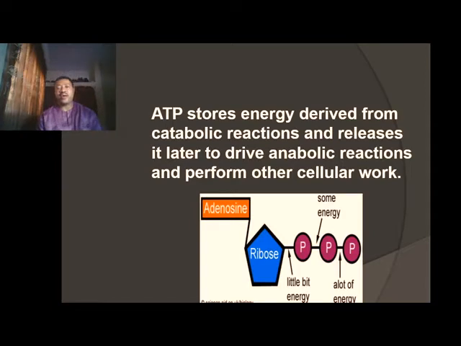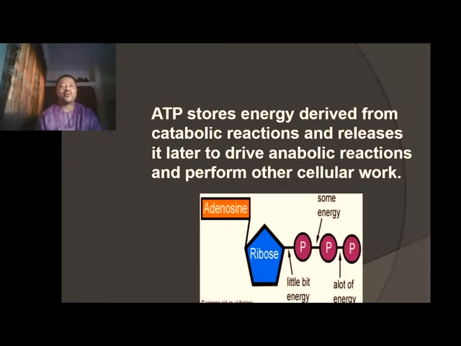If I am to explain a little bit further, the energy that is released during catabolic reactions is not lost. It does not get lost into space. This energy is channeled into driving anabolic reactions that require energy.